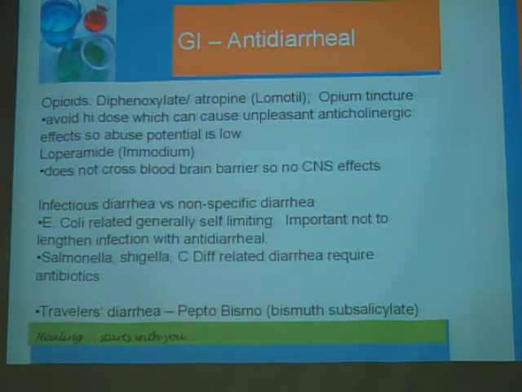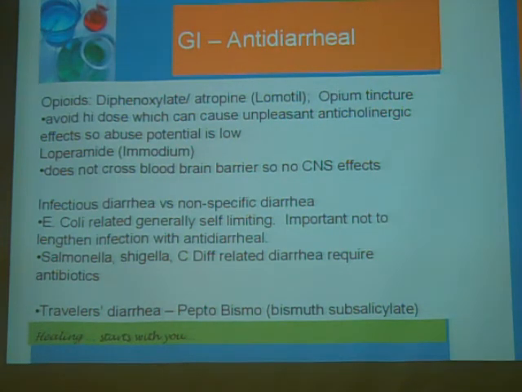Just a word of caution, when our body reacts in such a way to have a diarrhea, that's a reason. Because of the germs or because of the toxin the germs produce, the body really wants to get rid of the bad stuff. So we shouldn't suppress it too much. Only if it's excessive, we want to help the patient to feel better.